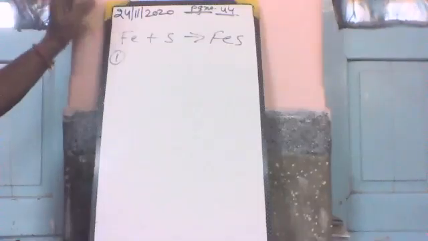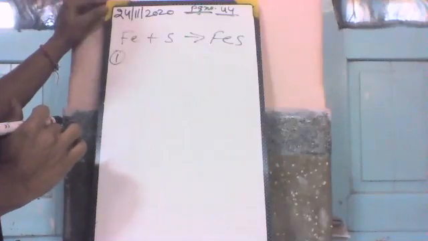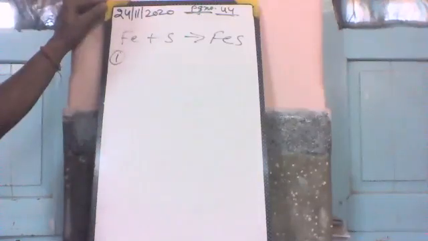On the basis of this reaction, we have to fill in the blanks. Element attracted by magnet. Which element? Ma'am, turn the camera upside. Which element is attracted by magnet? Tell me, which one? Iron. Yes, iron.